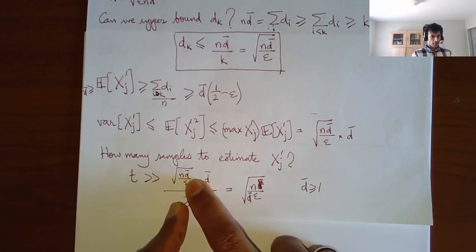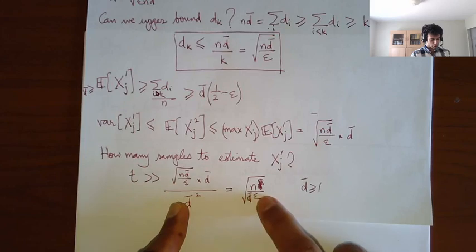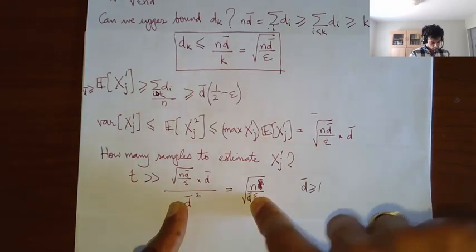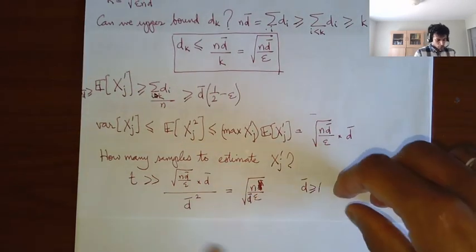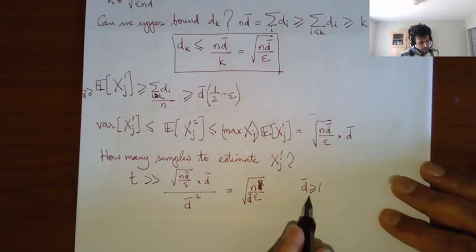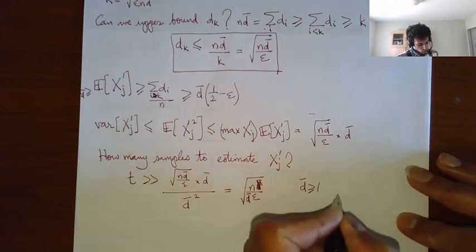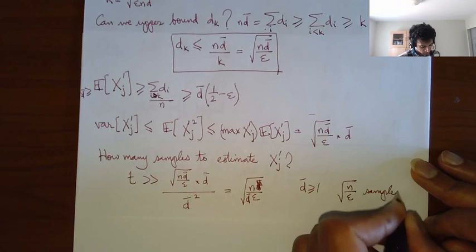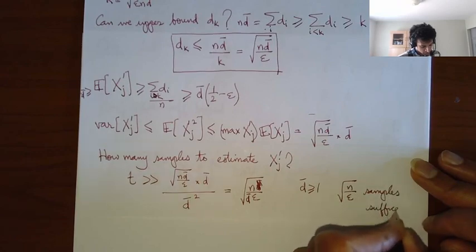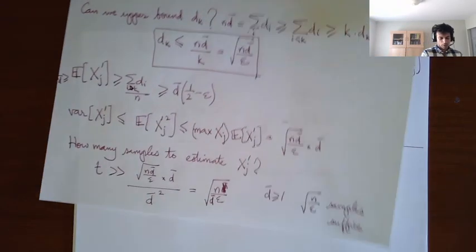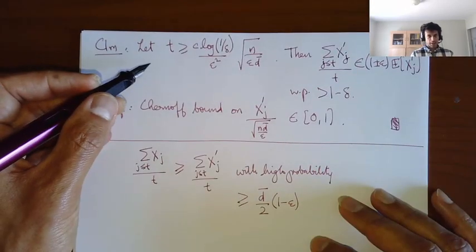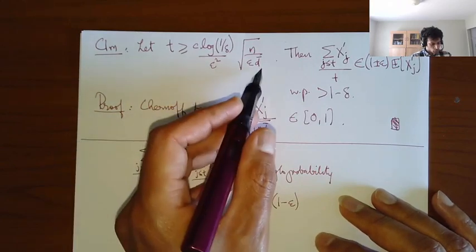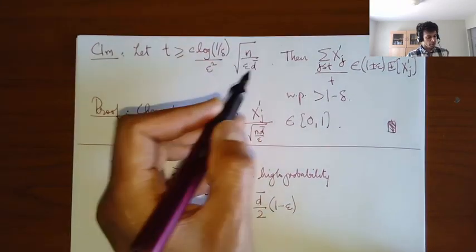And so the square is going to contribute a d prime dependence in the denominator. So what this means is, because we know the average degree is at least 1, basically root n by epsilon samples suffice. And again, like in this theorem, we could simply assume that d prime is greater than 1, and we would be at least this bound here.